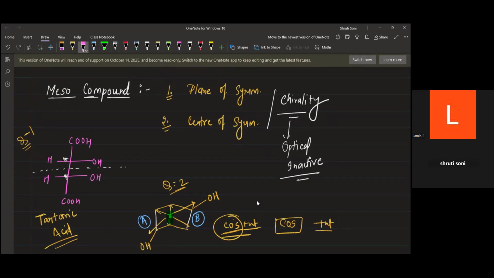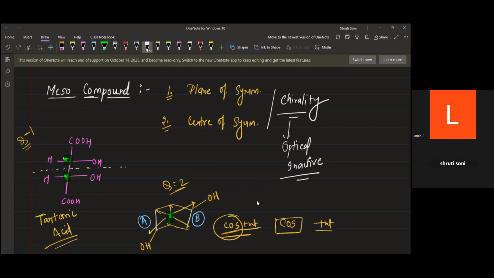No. See again. How? That's why I'm explaining chiral and achiral in detail, because a meso compound has chiral carbons, but it is not optically active. That's why meso compound is a term.